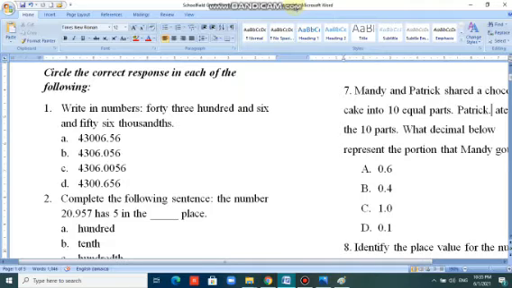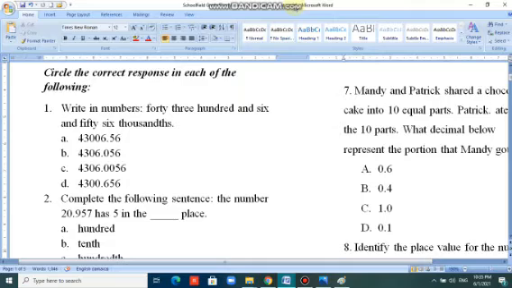So right away when you look at A, you know that cannot be the answer because it reads 43,000, 0 tens and 6 ones, 0.5 tenths, 6 hundredths. All right, that's how it reads. So that could not be the answer.